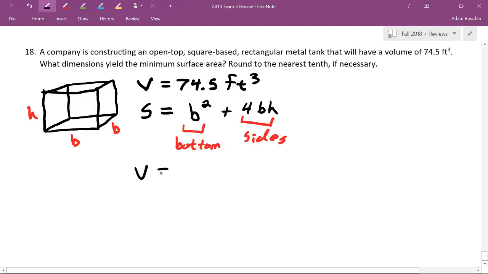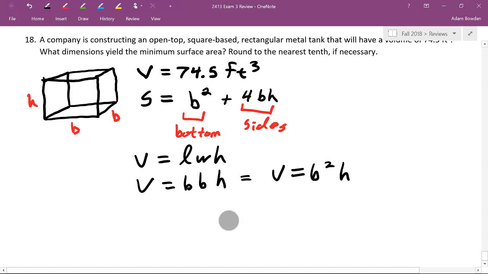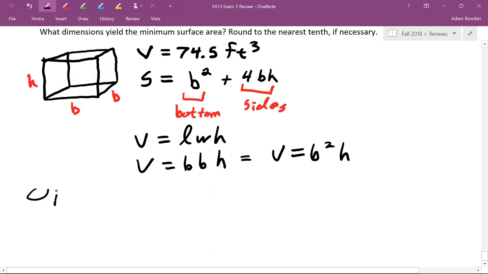Okay, now the volume formula here is usually length times width times height. But for us, since the length and width are the same, that would be B, B, and H. So the volume is B squared H. And we need to now optimize the surface area formula.